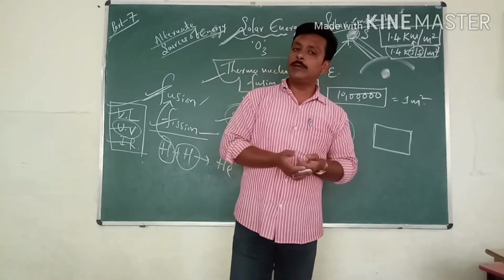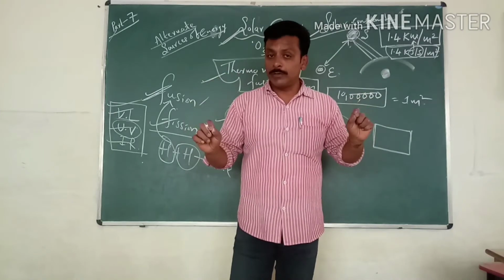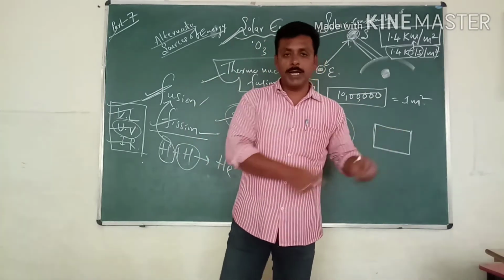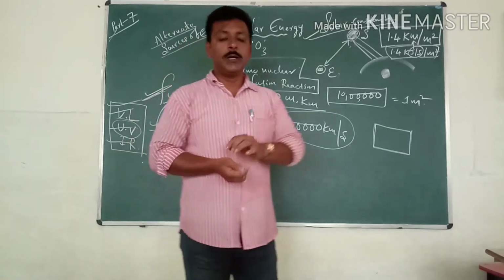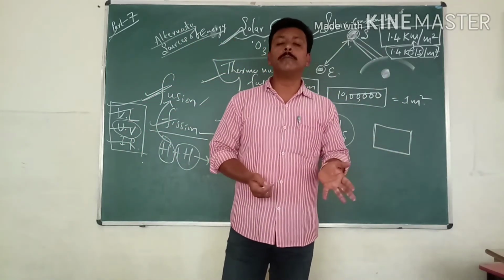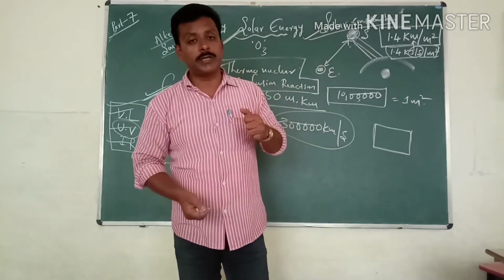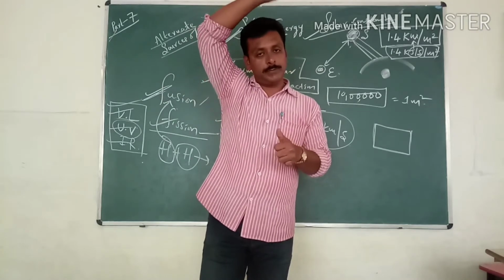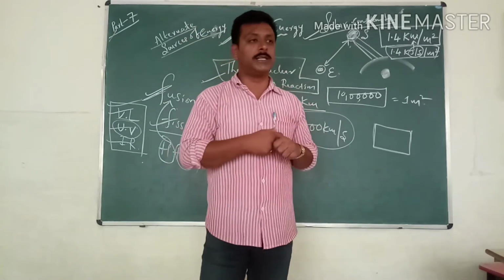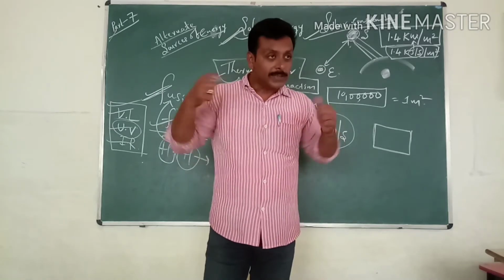Then how can we utilize solar energy? Because already I said we are getting two types of energy. Light भी हमको मिल रहा है, heat भी हमको मिल रहा है. So with the help of solar energy, what all things are we doing? पुराने जमाने से सोलर एनर्जी को हम क्यों यूज करें? सब लोग, मेरे पिताजी, आपके पिताजी, किस लिए यूज करते थे सोलर एनर्जी? फर्स्ट अपने कपड़े को सुखाने के लिए.